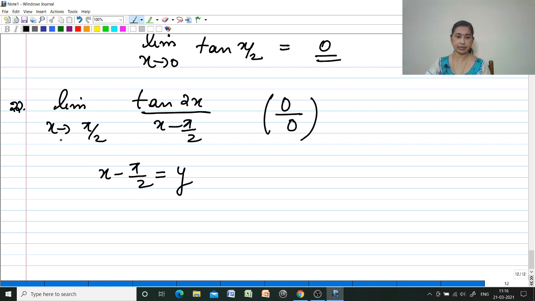And if x tends to pi by 2, that is, if instead of x I am giving pi by 2, what happens to y? y tends to 0. So the limit I changed.